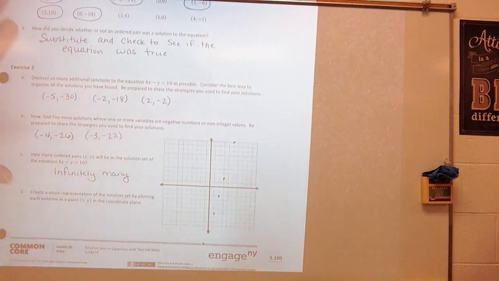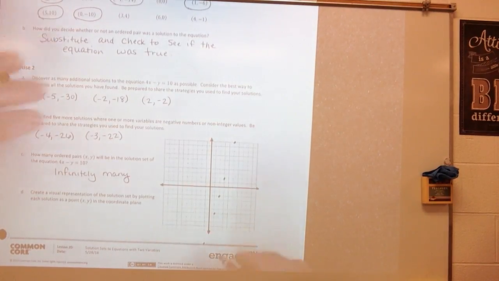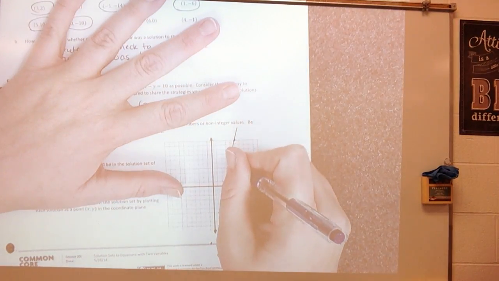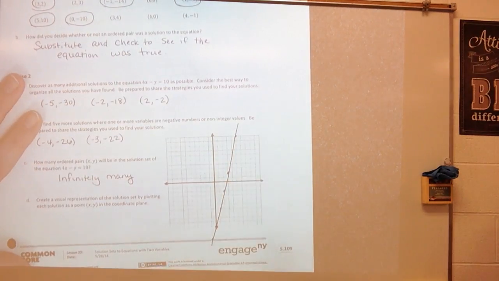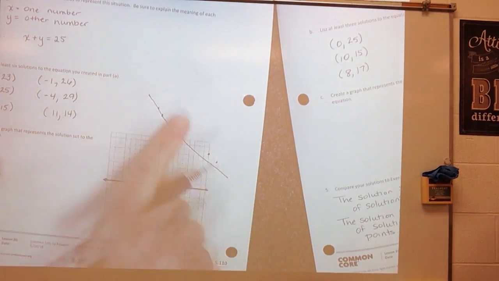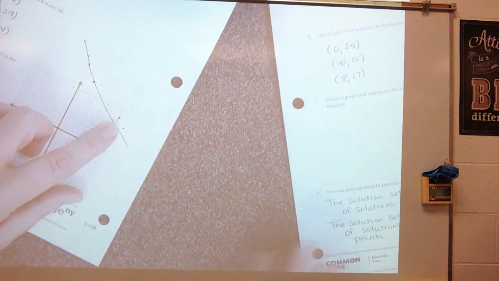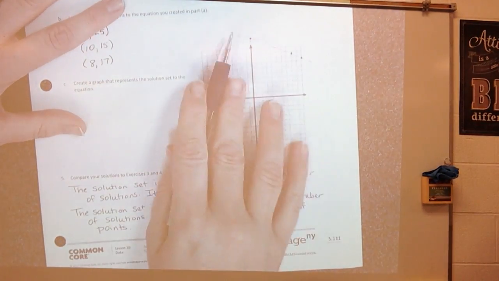All right, in this case, I have infinitely many solutions here. So I could draw a solid line, and it can be any number on that line. In this problem, once again, it can be any number on that line, which is why I drew a solid line. This one, I didn't make a solid line.